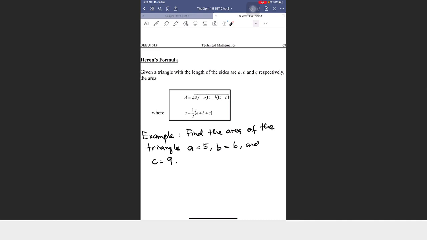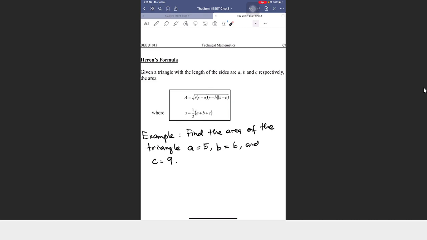That means, let's say you are given one oblique triangle where you are given all 3 sides, no angles are given. The question asks you to find the area. Then this is the formula, which is dealing with just all the 3 sides.